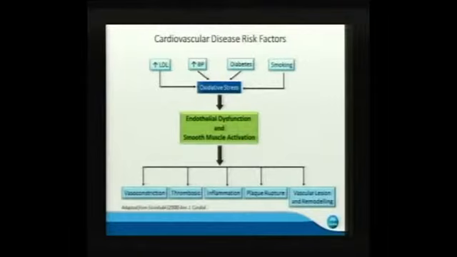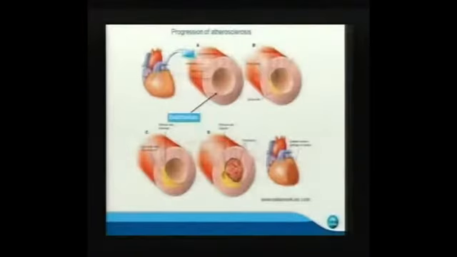It could be your lipid metabolism, increased blood pressure, diabetes, as well as smoking. They can contribute to an increase in oxidative status in the body, which leads to changes in blood vessel behavior, leading to abnormalities in vascular events, including vasoconstriction, thrombosis, and so forth. And this is the progression of atherosclerosis, if you like.